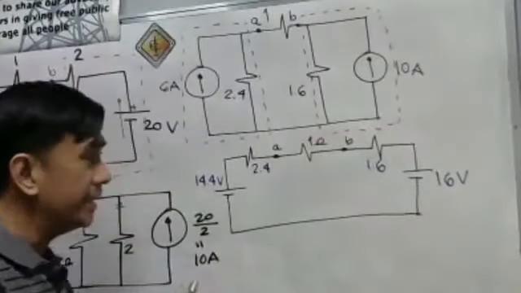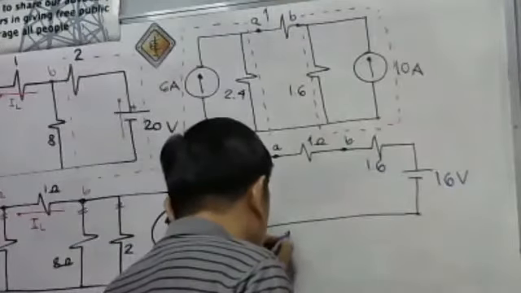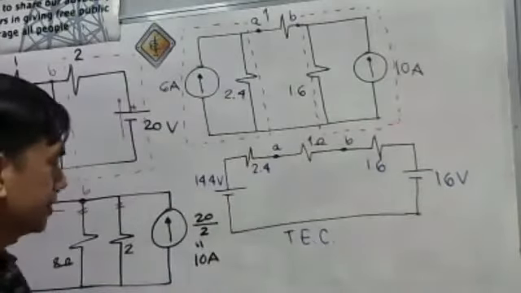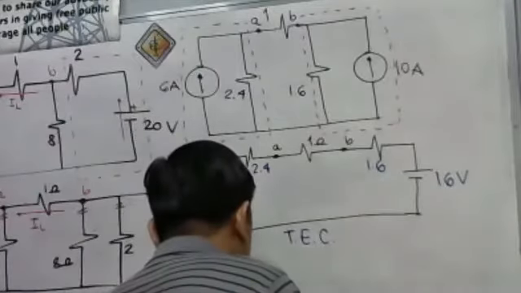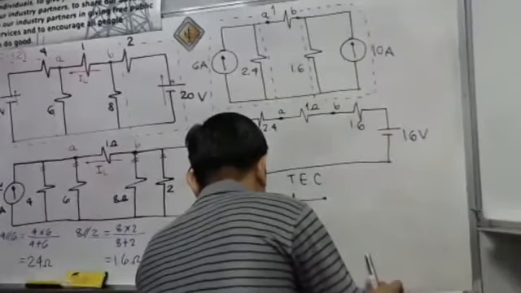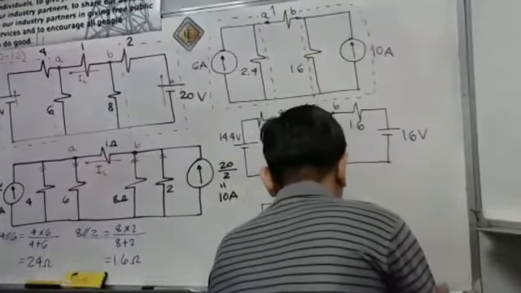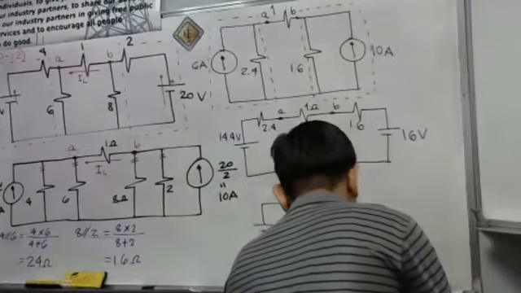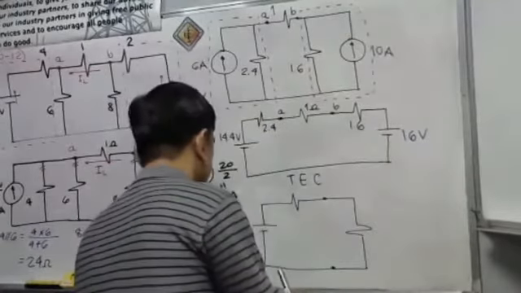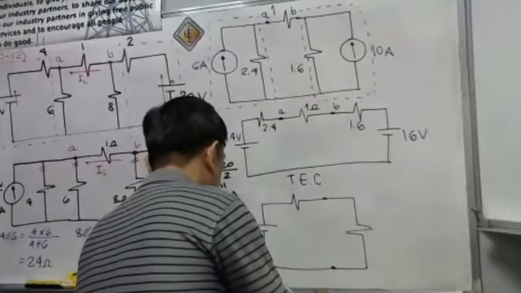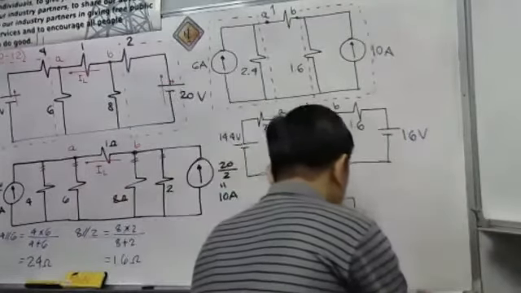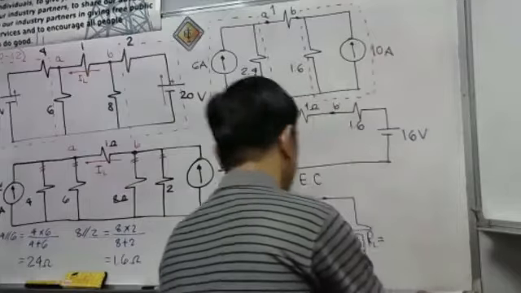I will draw a Thevenin's equivalent circuit. So this is our Thevenin's equivalent circuit, our VTH, then our RTH, then our load resistance, which is equivalent to the 1 ohm resistor.